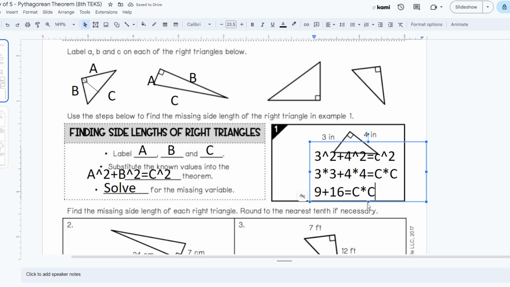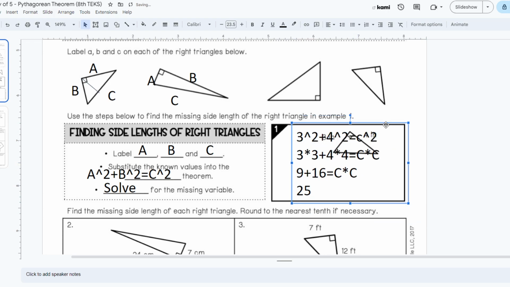Well, what is 9 plus 16? You all should know this. You've been doing this since grade school. It's 25, right? So 25 equals a number times the same number.